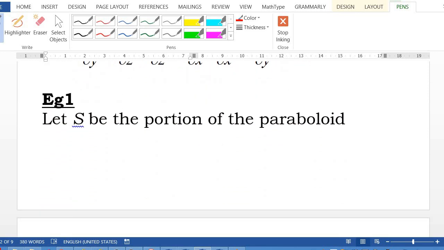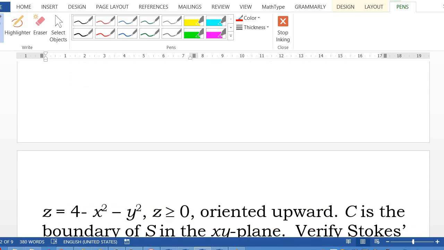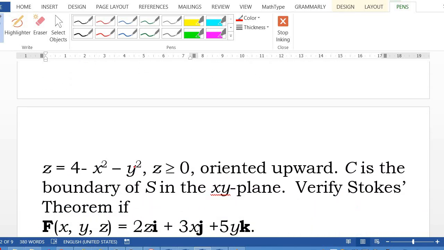Okay, example 1. Let S be the portion of the paraboloid z equals 4 minus x squared minus y squared, where z is greater than or equal to 0, oriented upward.